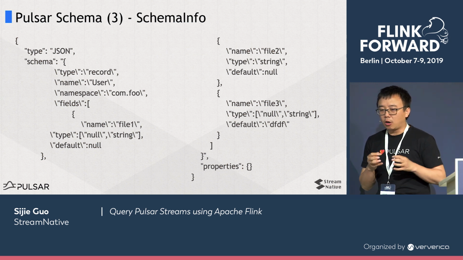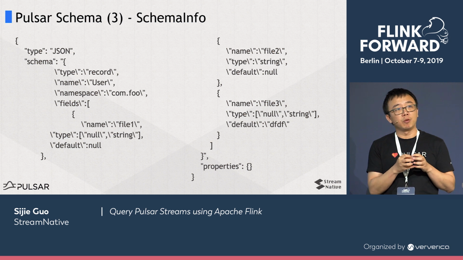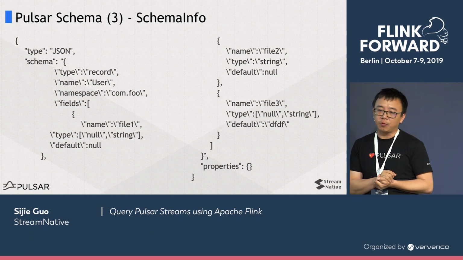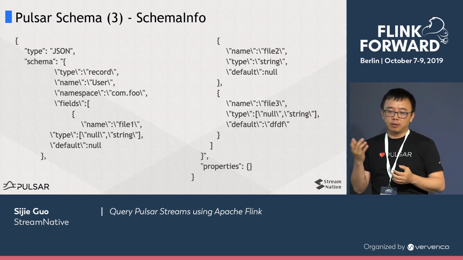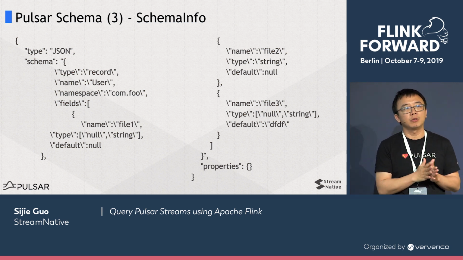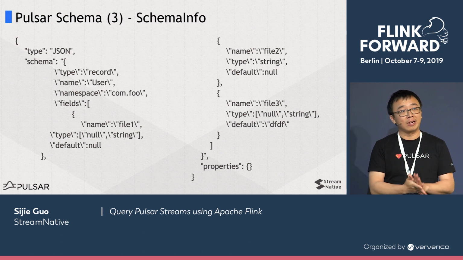The core of the schema is that Pulsar stores the schema information as part of the topic metadata. This is how the schema information looks. There's a field called type, which specifies the schema type: JSON, Avro, Protobuf, Thrift, or any other struct.